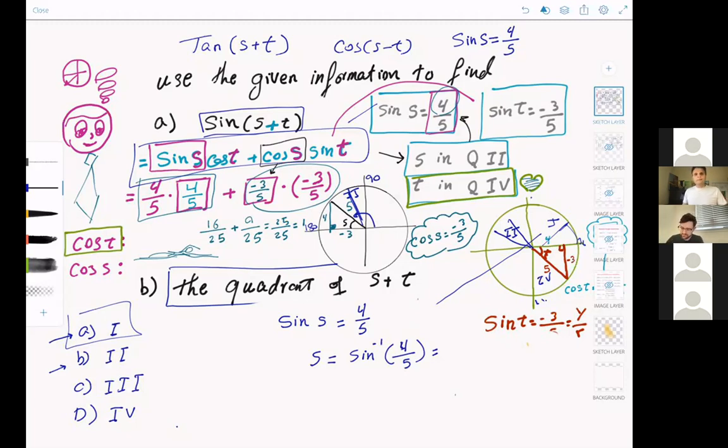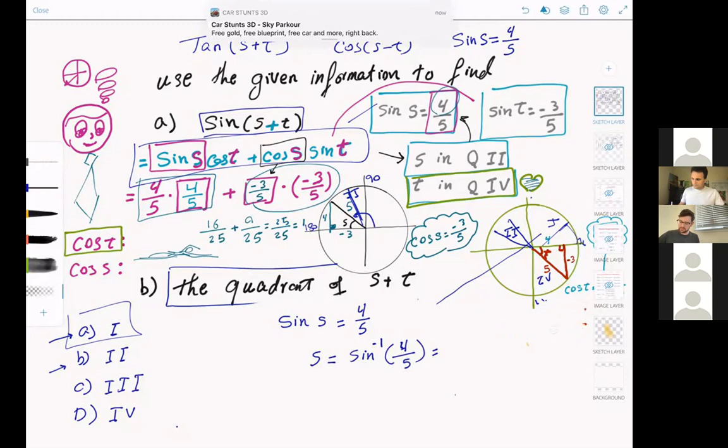We use a calculator. What do we get, Elizabeth? 53.13. But they said S is in quadrant 2, and we got 53.13, which is in quadrant 1. So what is S then?